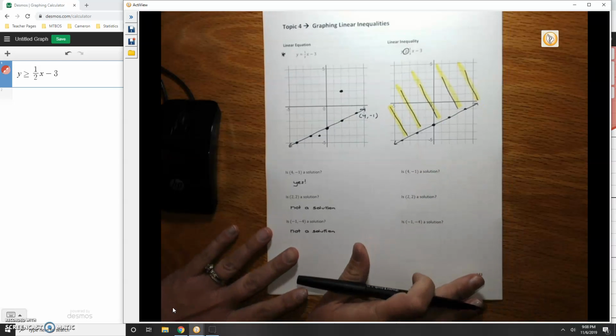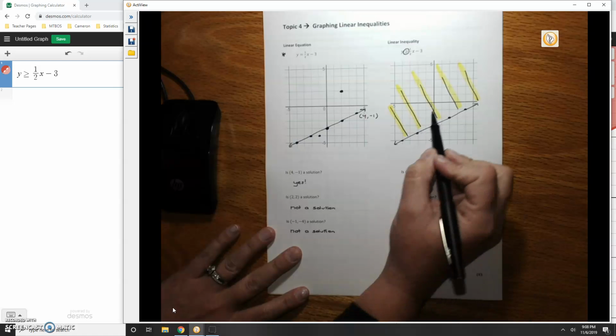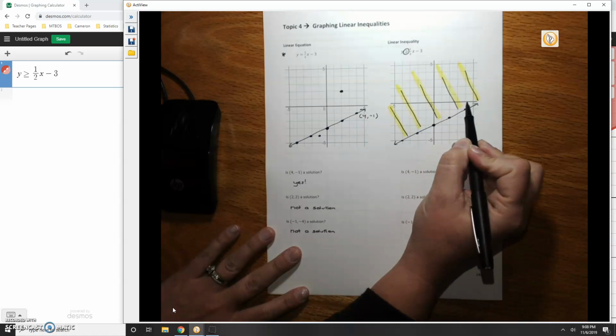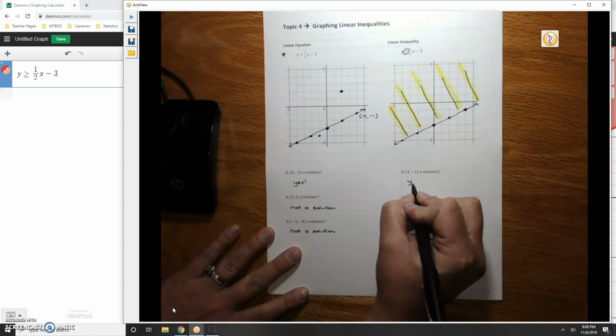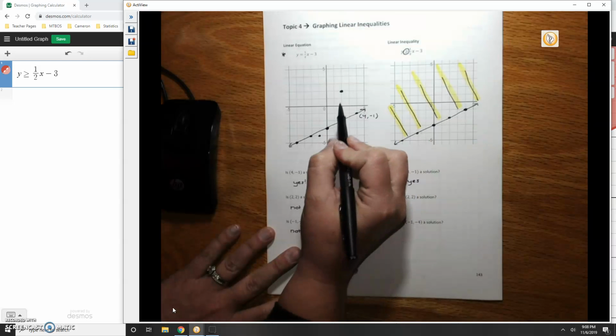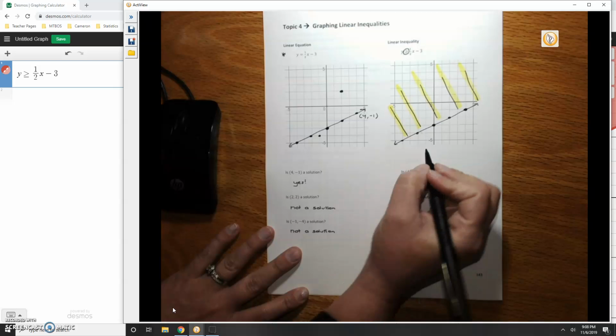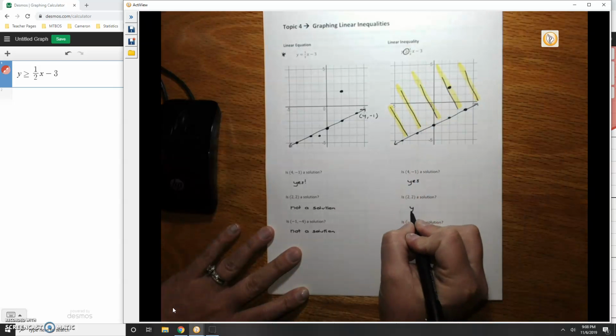So let's go ahead and look at our solutions here. First off, is 4, -1 a solution? Well, if I look here, 4, 1, 2, 3, 4, down 1. Sure enough, that is on my line. Yes, that is a solution. Is 2, 2 a solution? Well, in the previous one, 2, 2 was all the way up here, and that was not shaded. However, 2, 2 here, yes, that is a solution.